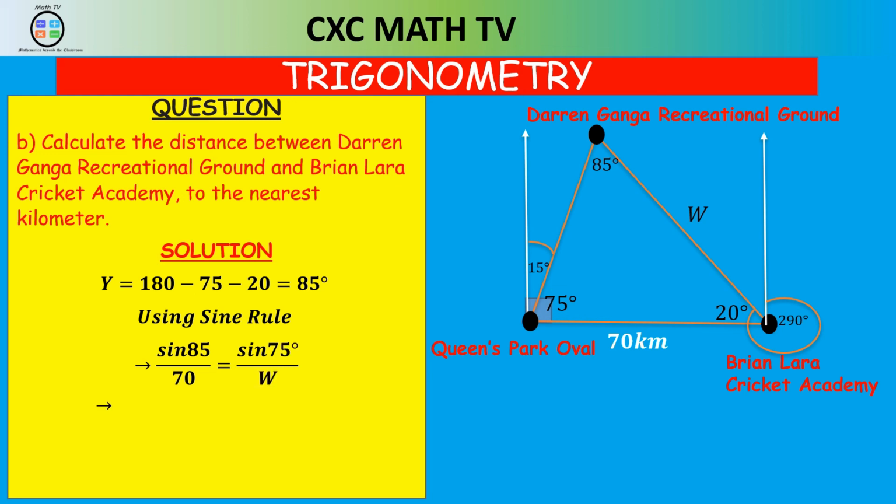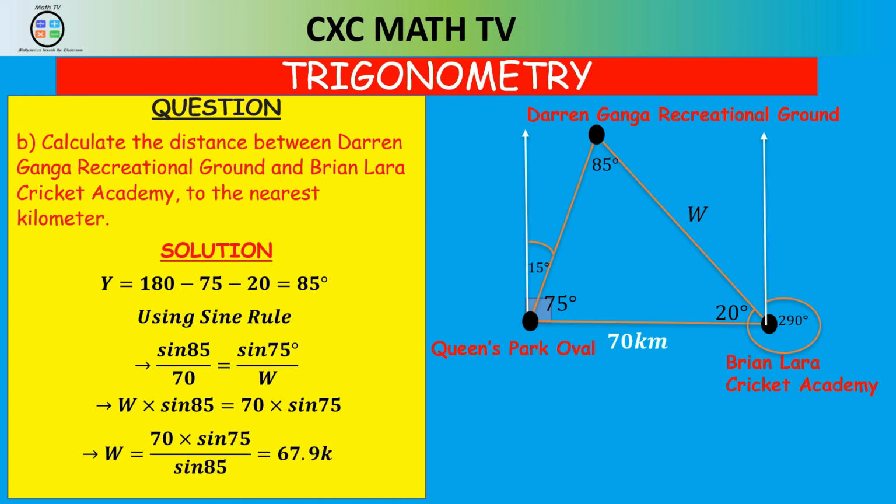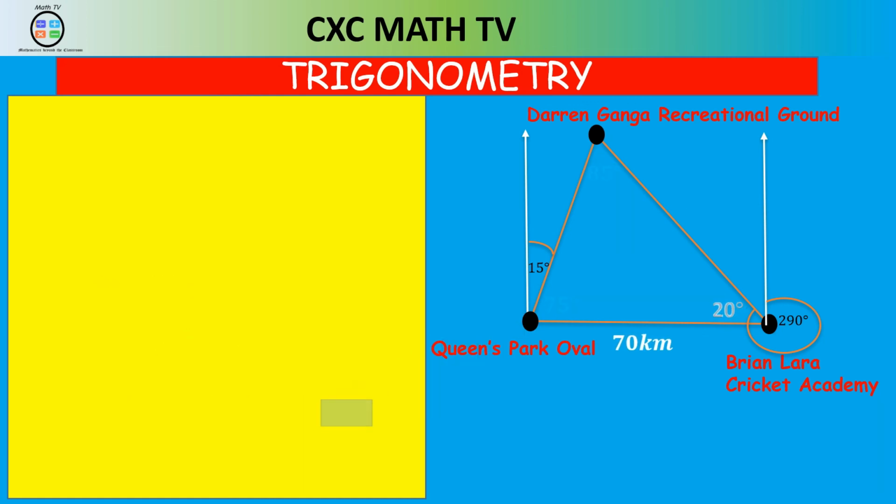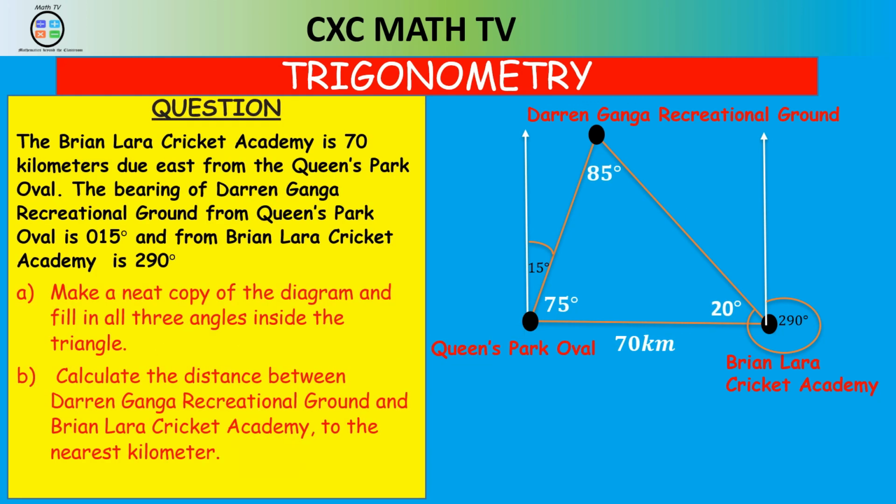So we can transpose it to say W times sine 85 is equal to 70 times sine 75. And so W is equal to 70 times sine 75 over sine 85. We put that into our calculator and we get 67.9 kilometers. Now, it said round off your answer to the nearest kilometer, and so we're going to leave our answer as 68 kilometers.